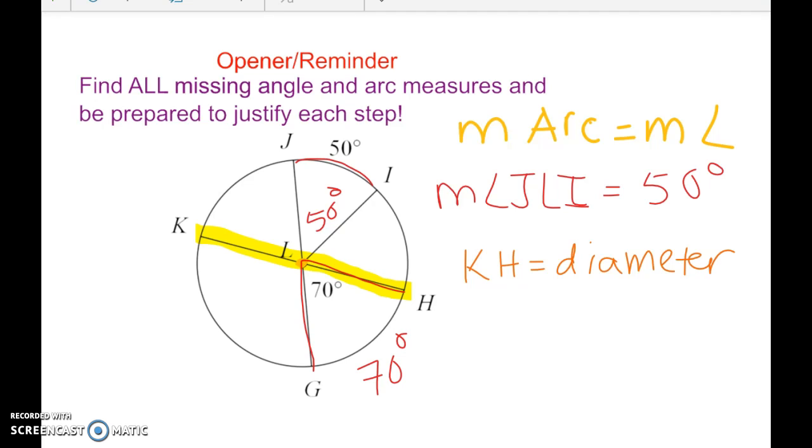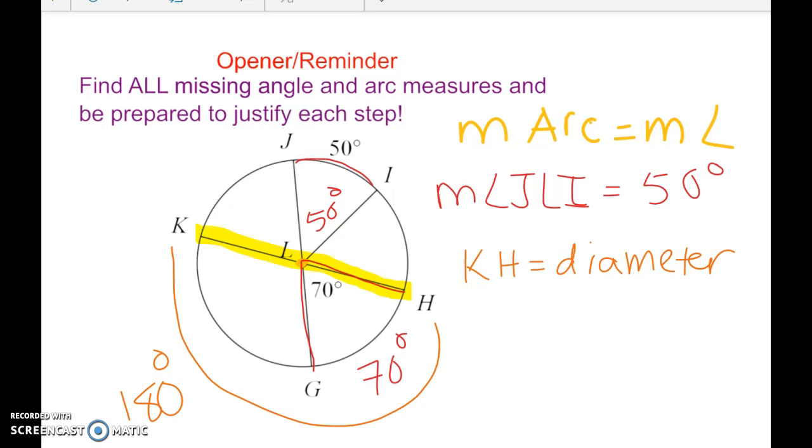If a diameter cuts the circle in half, we know that the arc from K all the way to H has to be 180 degrees.